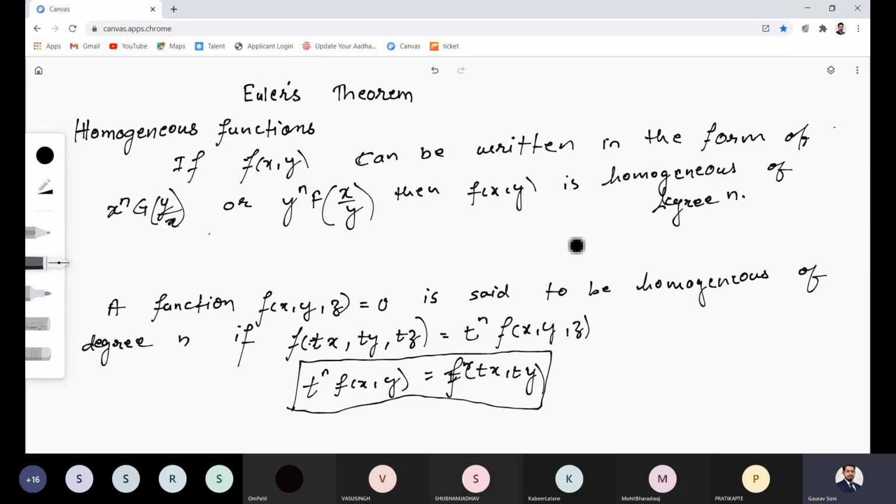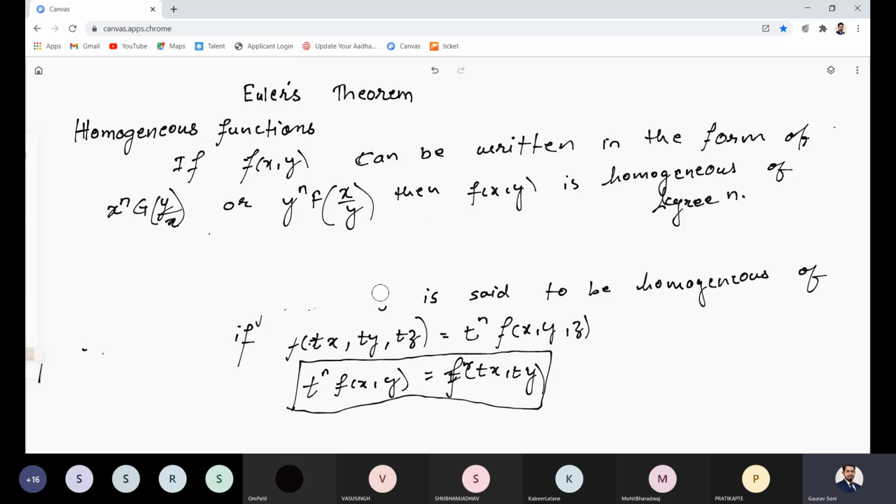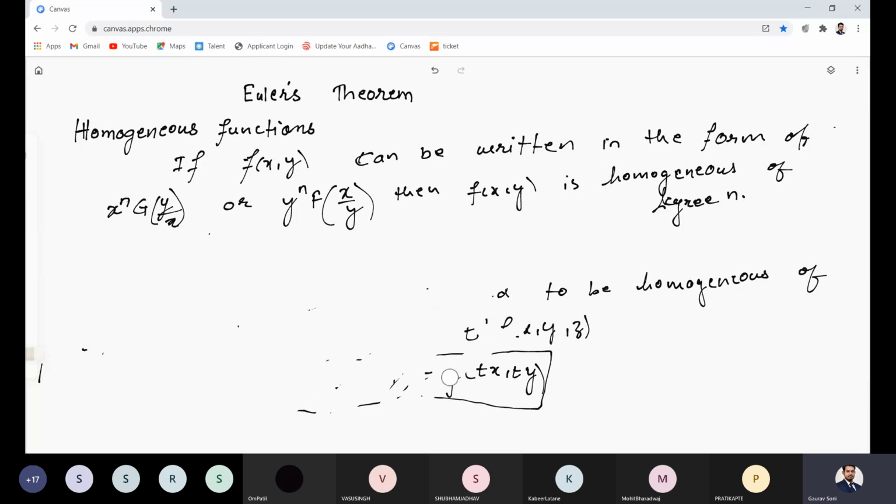This is the third way by which I can identify a homogeneous function and its degree. Okay, so look at some of the examples and I will find the degree by both the ways, and also I will prove that those are homogeneous.